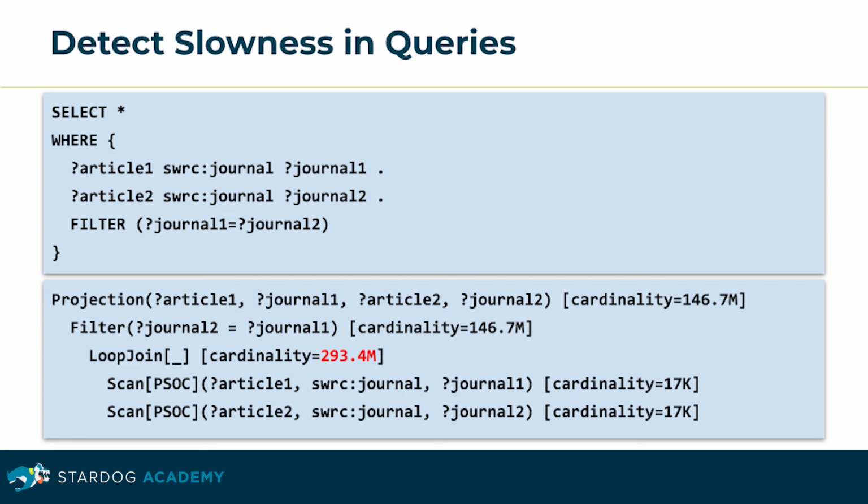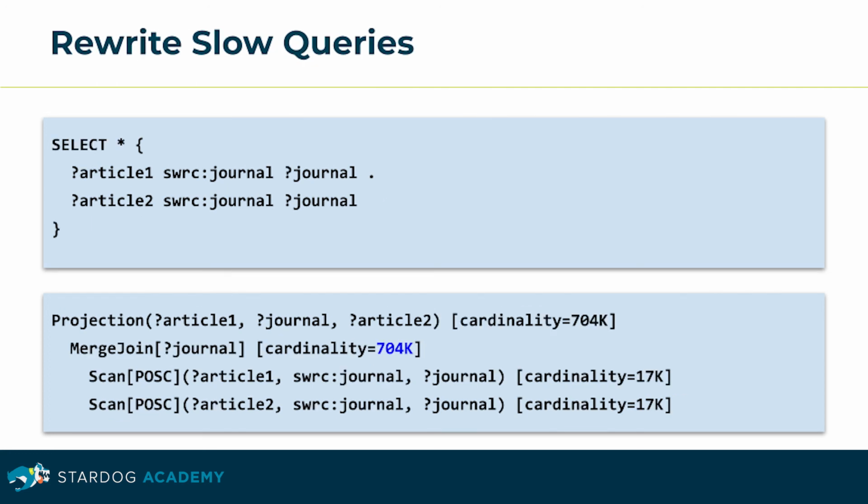Looking at the query plan, we see the loop join as our key marker for a problem, and we see the cardinality of 293 million possible solutions compared to the 17,000 in the original scans. So finding these explosion of cardinalities is typically a first sign of where your query is slowing down.